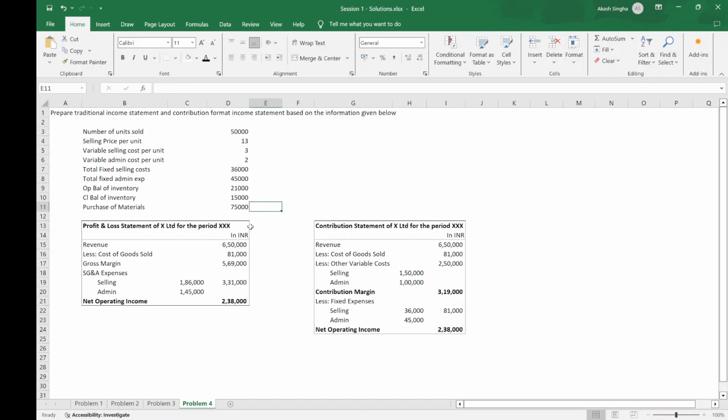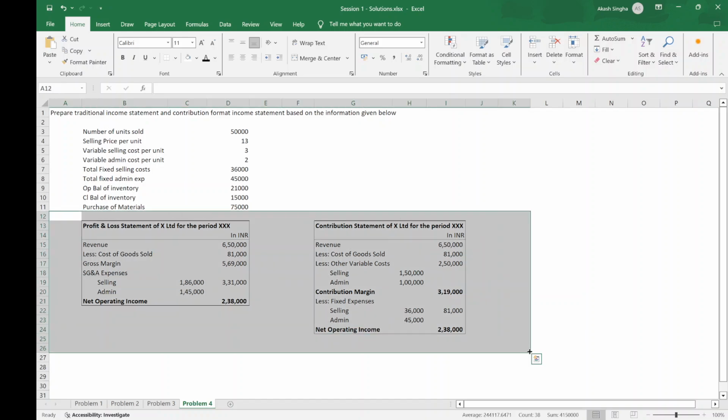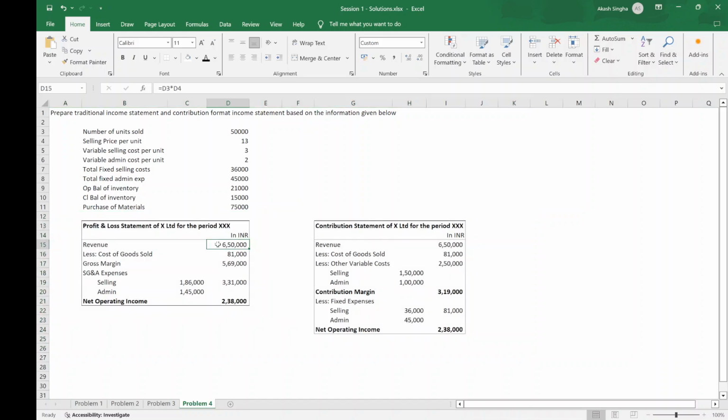Now cost of goods sold. There is no point of doing this, I guess. Should I do it from blank? I don't know. I'll just go through it. And after that, to calculate gross margin, we need COGS.